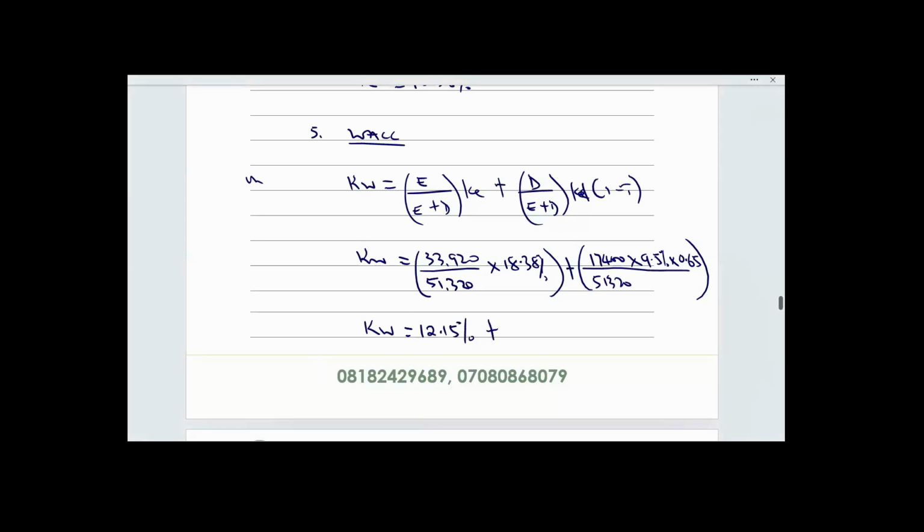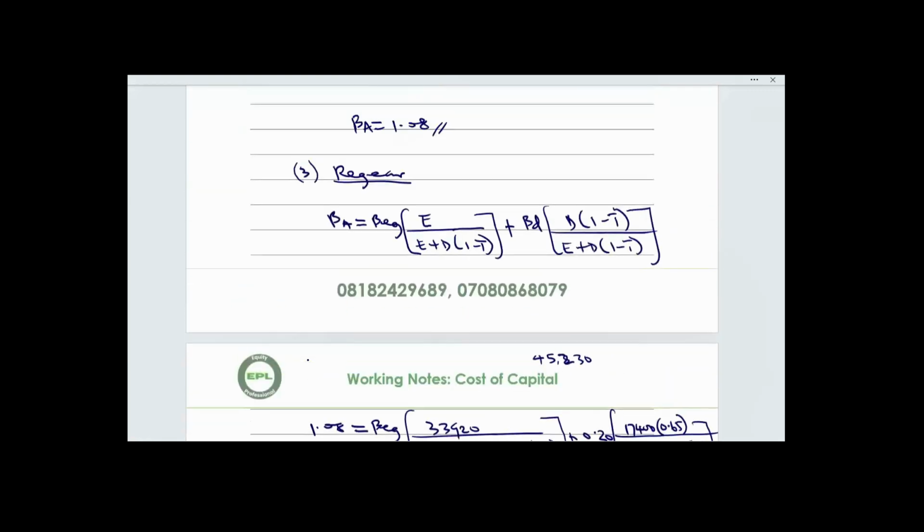Then from the right, it will be 17,400, sorry, multiply by 9.5, multiply by 0.65, divided by 51,320, equal 2.09%, which is the same thing as what we calculated previously.